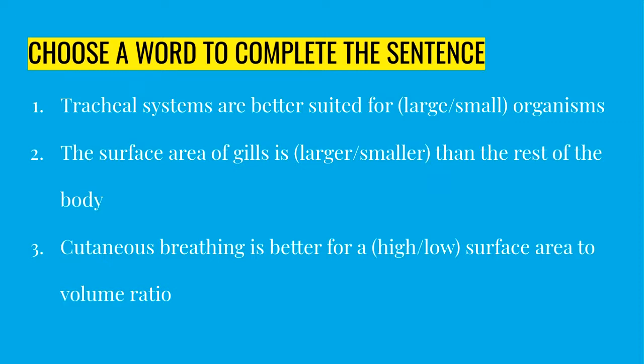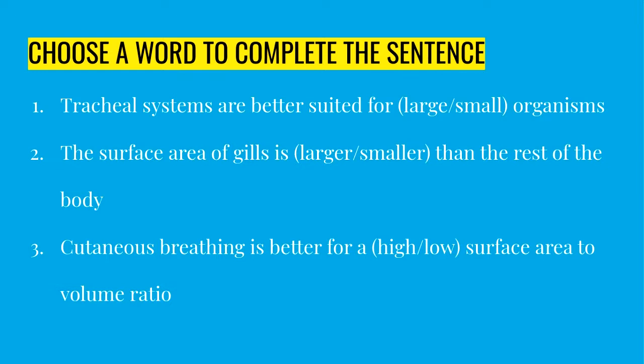So last question. If you're breathing through your skin, is that better for a high or a low surface area to volume ratio? Low. So what do you want more of? You want more volume or more surface area? You want more surface area. So that would be a high surface area to volume ratio. Could you explain why you want more surface area?